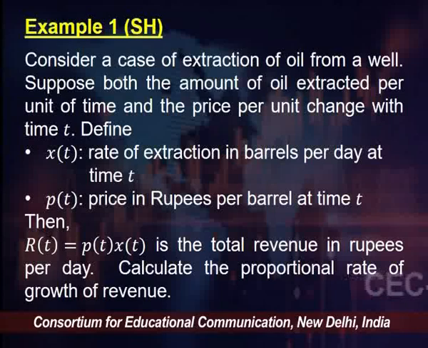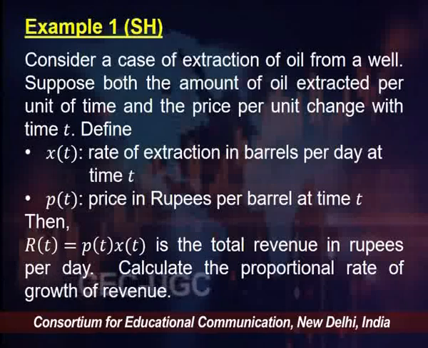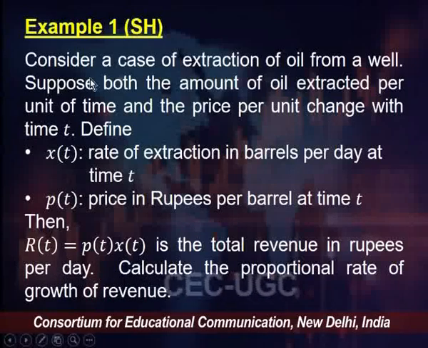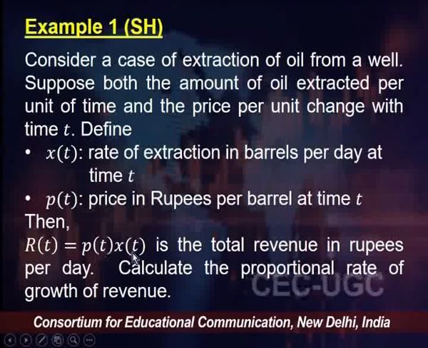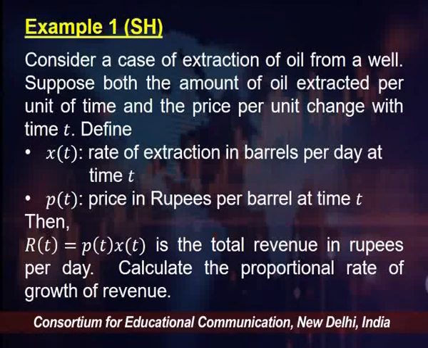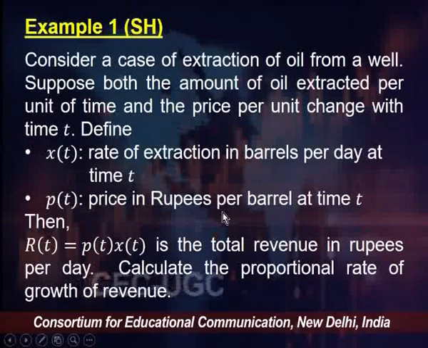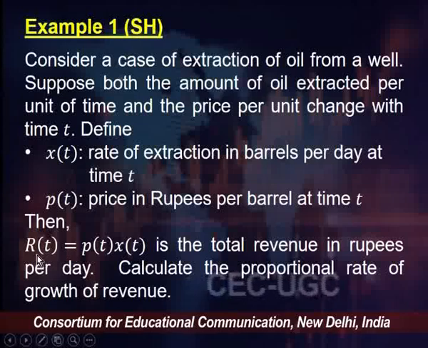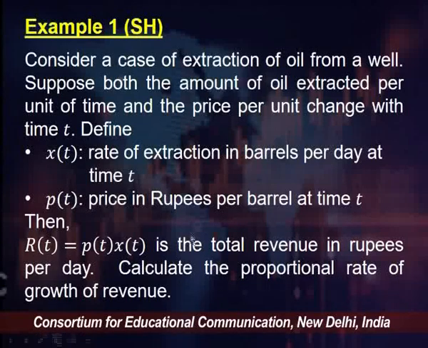The question here requires you to calculate the proportional rate of change, or the proportional rate of growth, of total revenue. Now note here, our function is a product of two functions, the price function and the extraction x of t function. So let's see how things are going to work. Our proportional rate of change is r dot by r, or 1 by r dr by dt. So we will first calculate dr by dt.